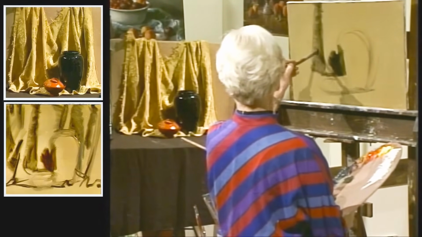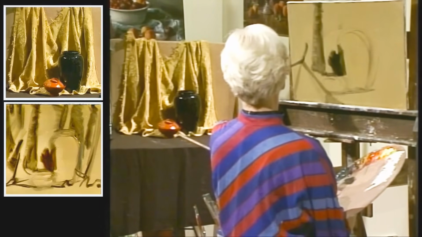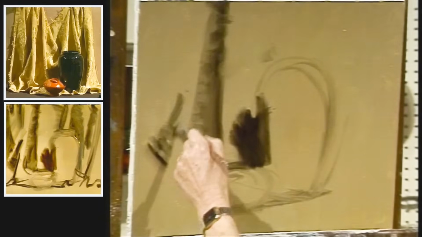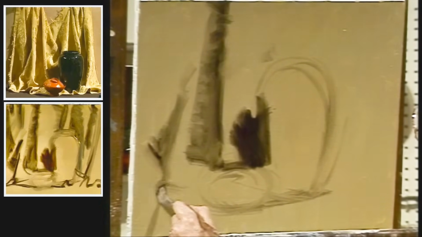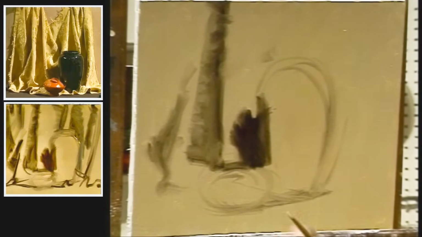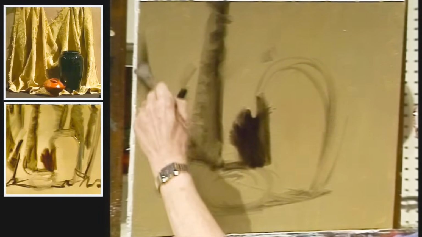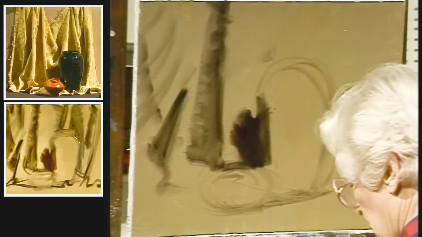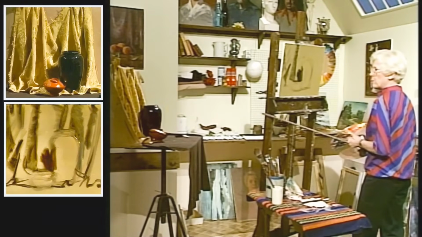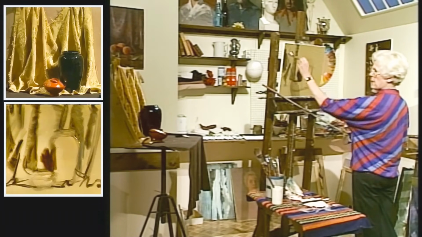Then I have a big space of light, and here I have a little darker tone on the fold that's peeking out from behind this fold. Then on the edge, instead of letting all the lines go out, I think it would be a better decision to have a fold come into the picture.